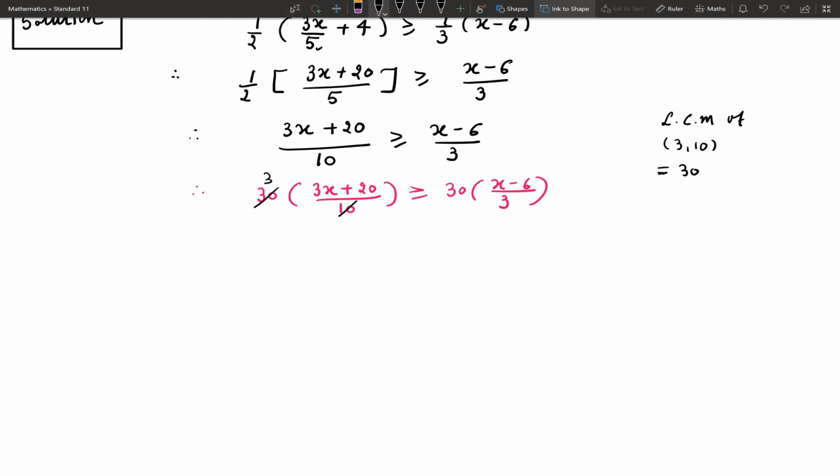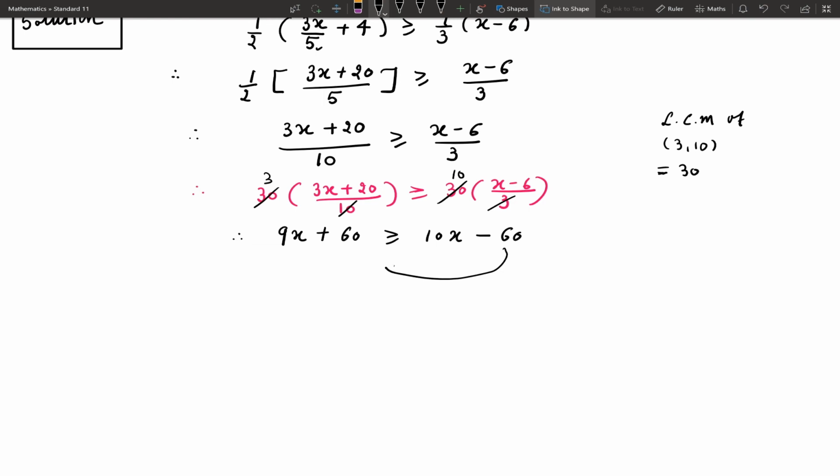This is 3. This will be 10. So 3 into 3x, 9x, 3 into 20, 60, 10x minus 10 into 6. Just you expand the bracket or simplify this thing.